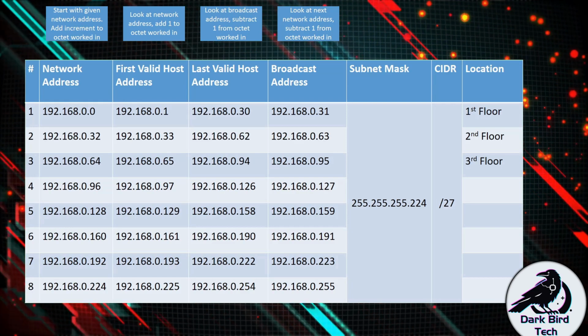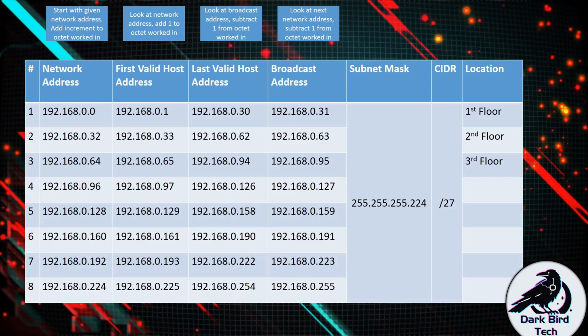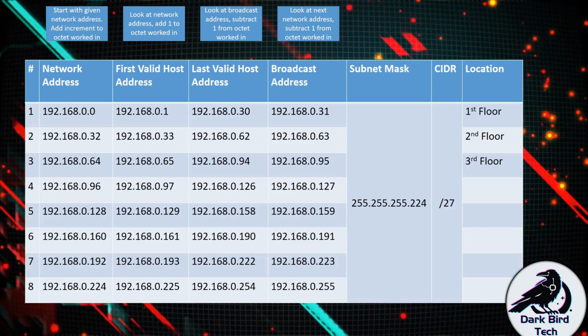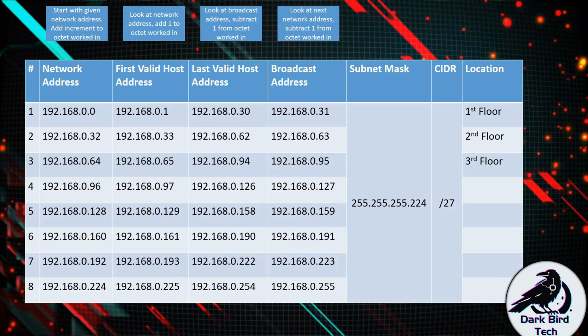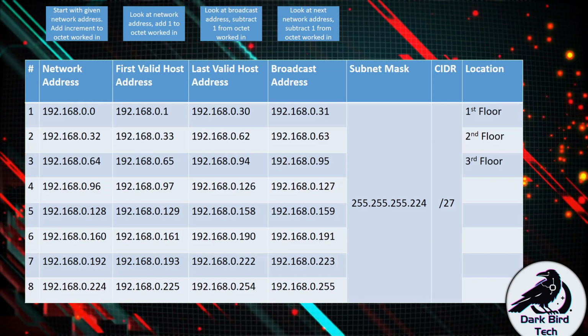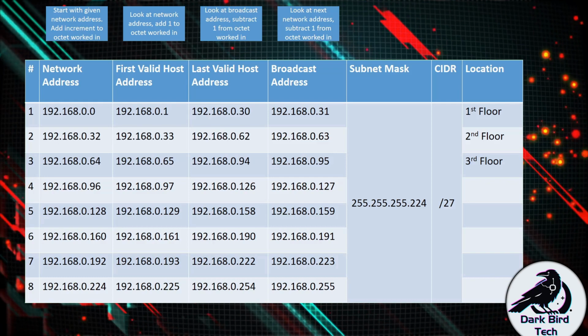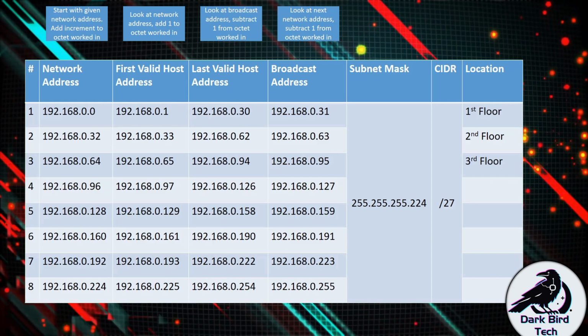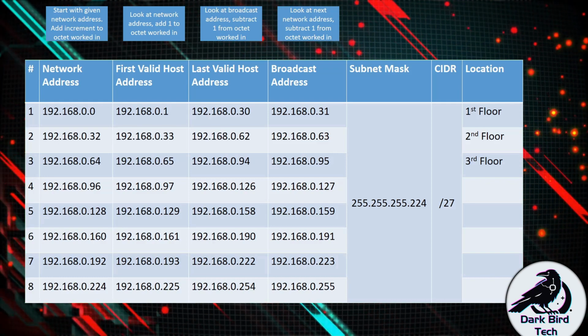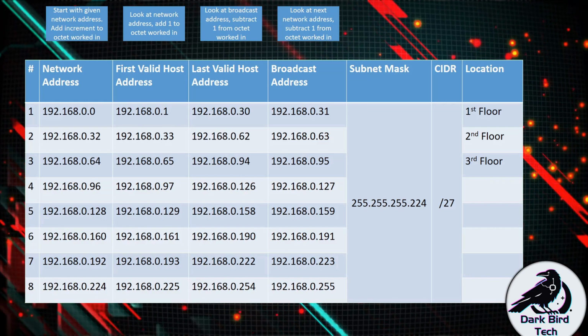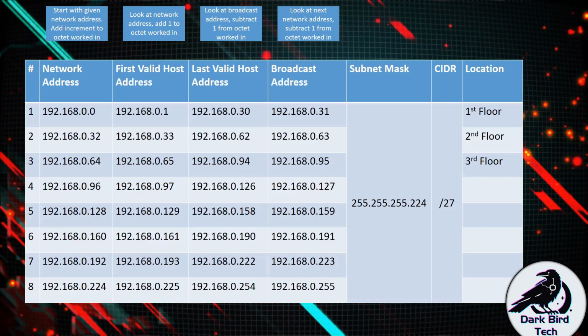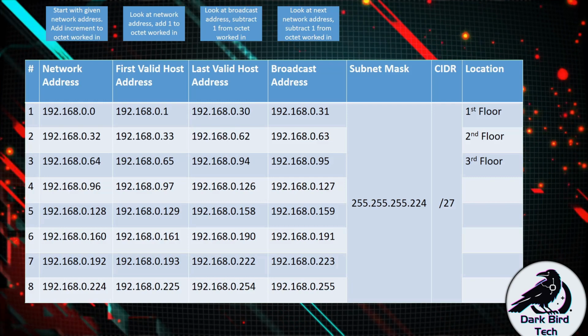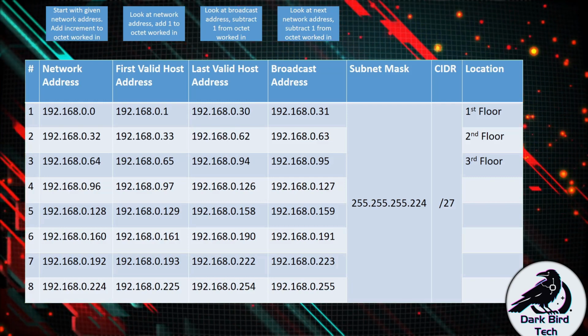Fantastic. Now, if you're worrying about how they would ask this in the exam, they're probably not going to ask you for an entire process on subnetting. What they would probably say is, hey, here's an address 192.168.0.100 with a /27 mask. What's the network address for it? And you'd have to work out, okay, /27 would give me 255.255.255.224.